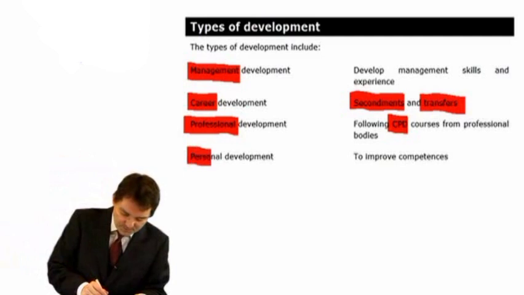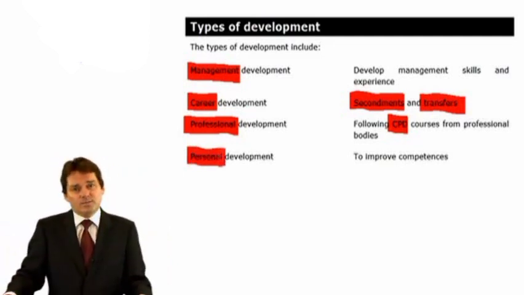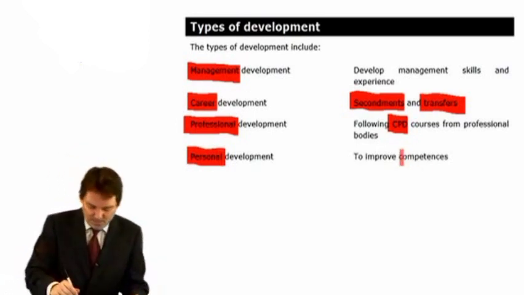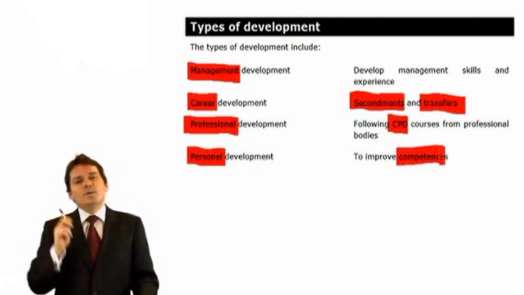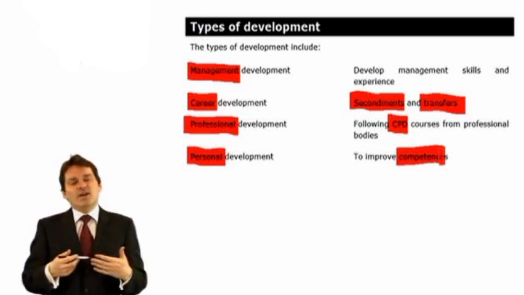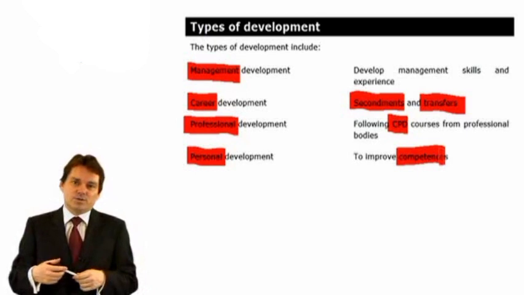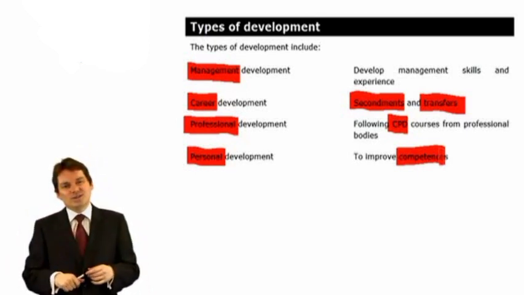The final one that we've got here is what's called personal development. And personal development simply means to improve your own competencies, to improve what you are good at. Things like doing development courses in report writing or time management or anything else which is going to improve you personally.